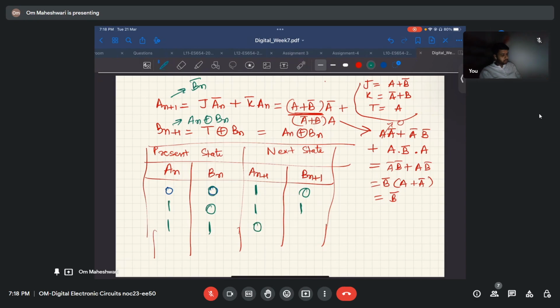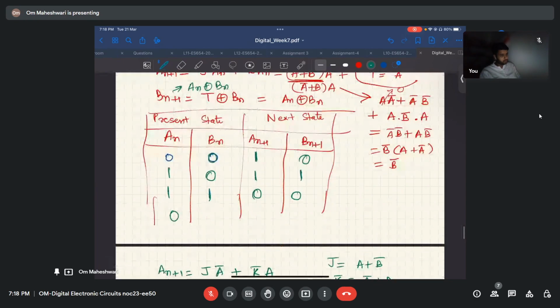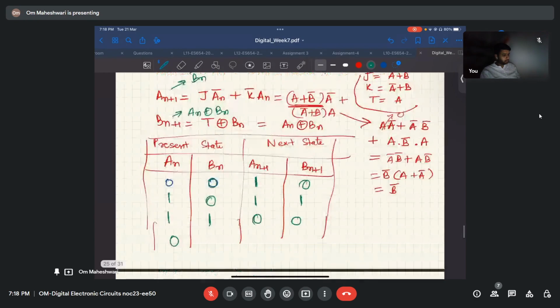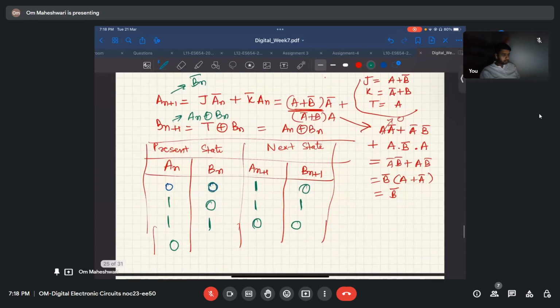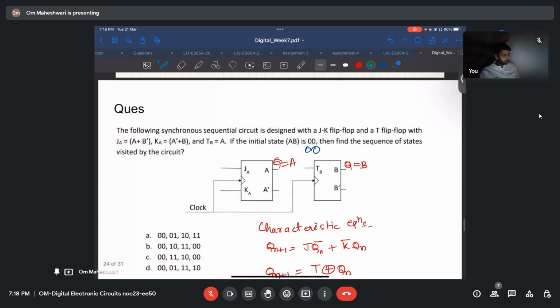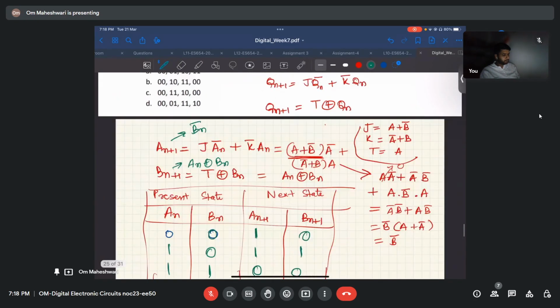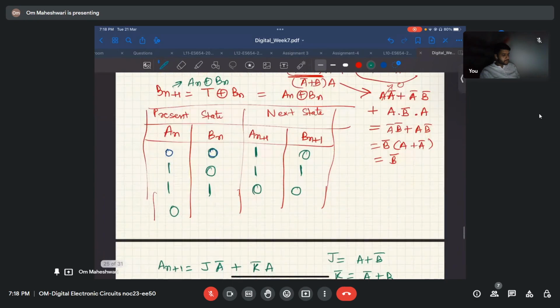So it is Bn bar is 0, and XOR of these two is 0. So 0 0 is the next state.